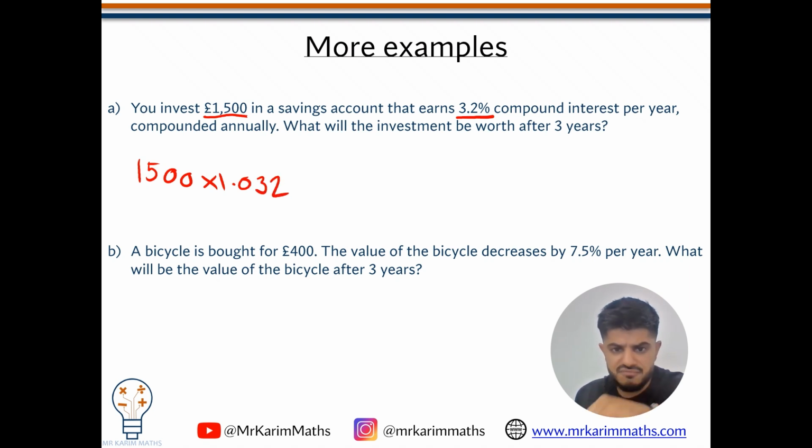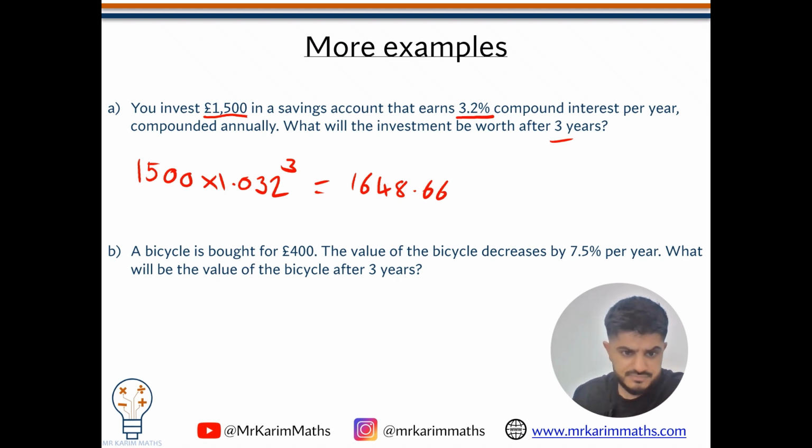And then we look at the number of years, which in this case is 3. So to the power of 3, type that in, and you get £1,648.66. Easy. Good couple of marks there.